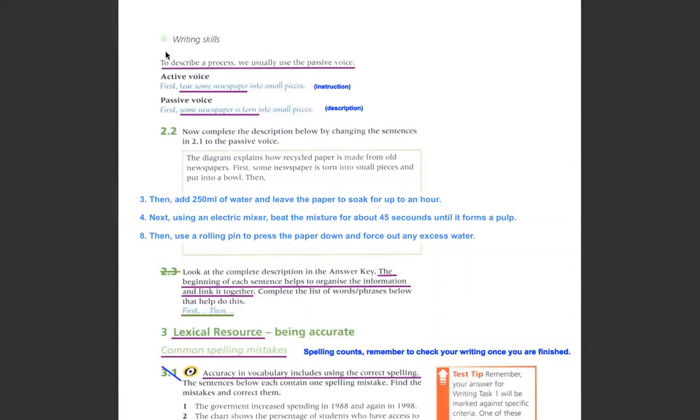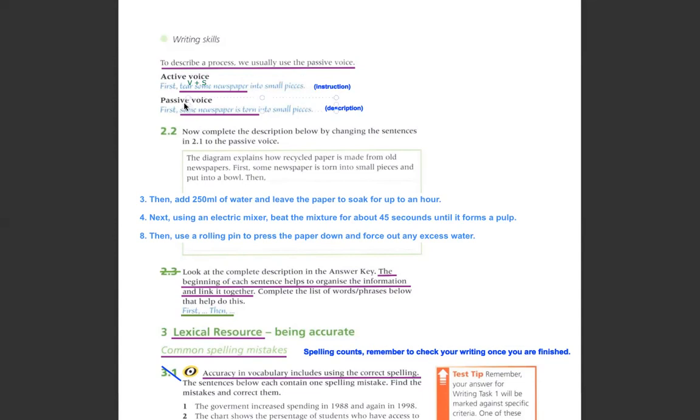So for an active sentence or an instruction, we start with the verb, and then we have the noun or the subject. Okay, so it's what we're doing to the subject. We're tearing the newspaper. This is an instruction. When we use the passive, we want to start with the subject.